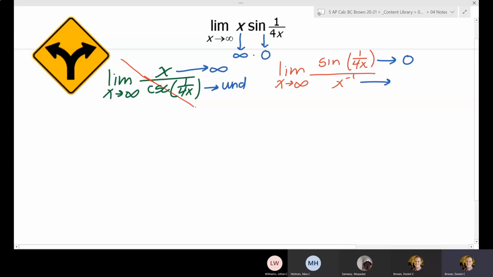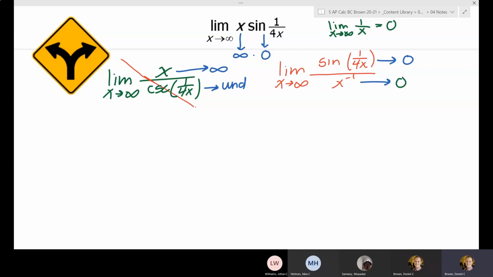In my head, how I'm thinking about that, x to the negative first power is the same thing as saying 1 over x. Well, if x is going towards infinity, what is 1 over x going towards? 0. So this denominator is going to 0. Can I use L'Hopital's rule? Yes, so go ahead and finish out that problem. Take the derivative of the numerator and the denominator.